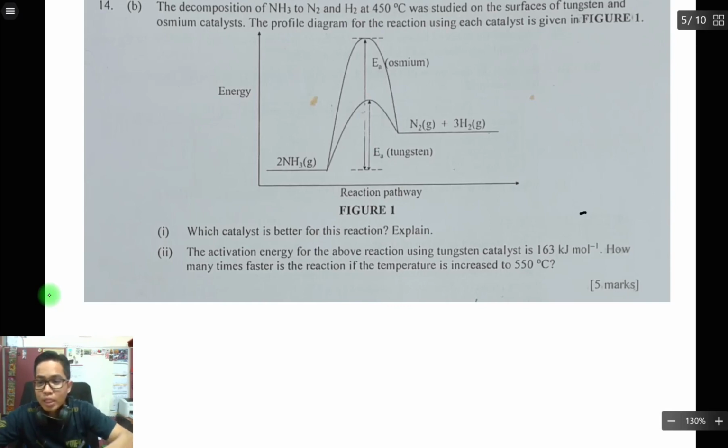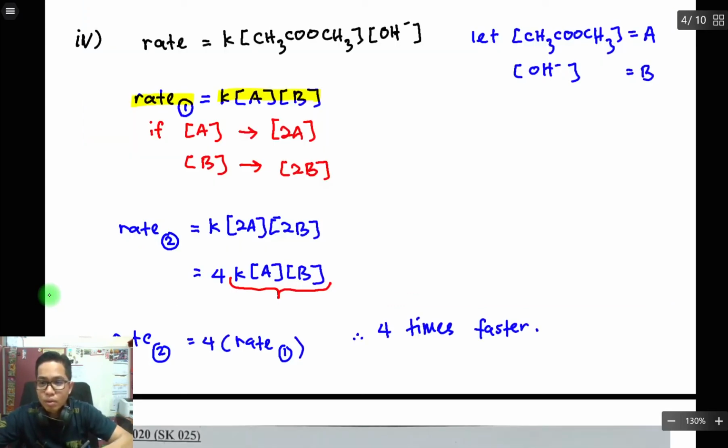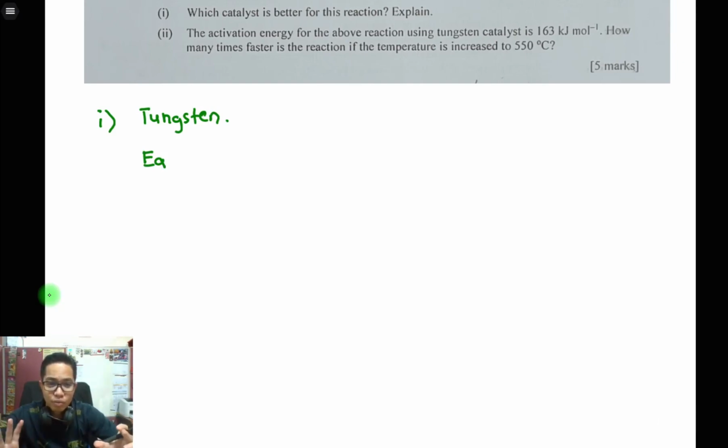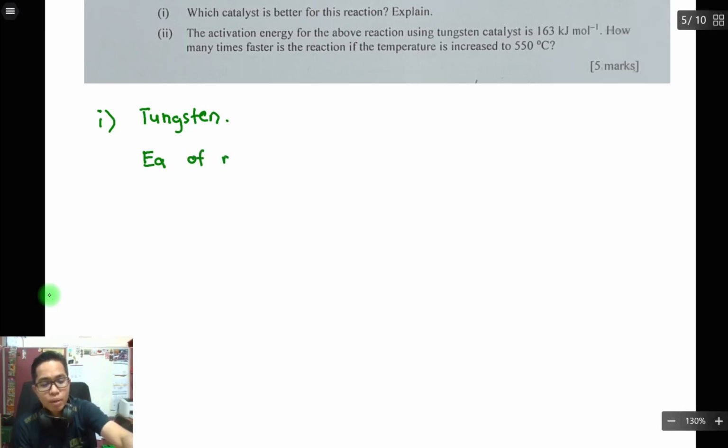So number 1, which catalyst is better? The answer is tungsten. Why? Because of the activation energy, EA, you need to spell out. Saya boleh shortcut. Nanti exam ni you need to spell out. Activation energy, EA of, apa tu dia?